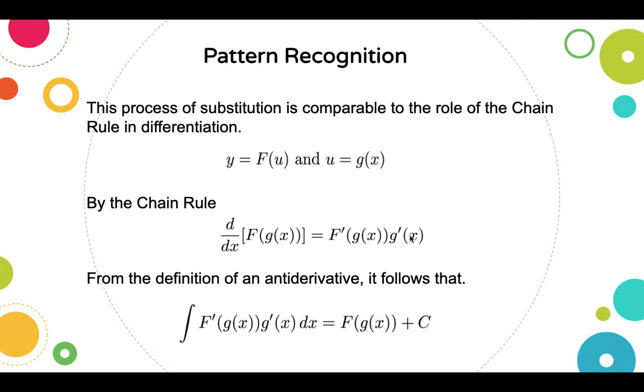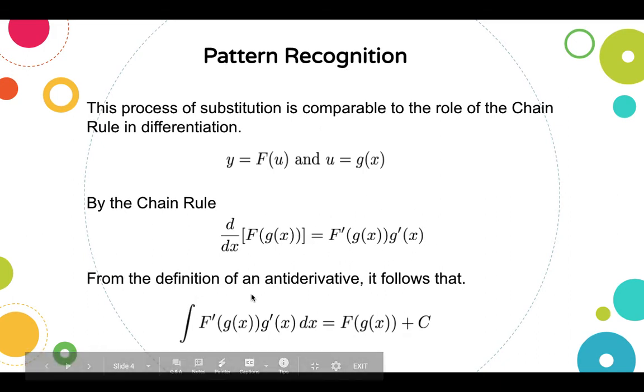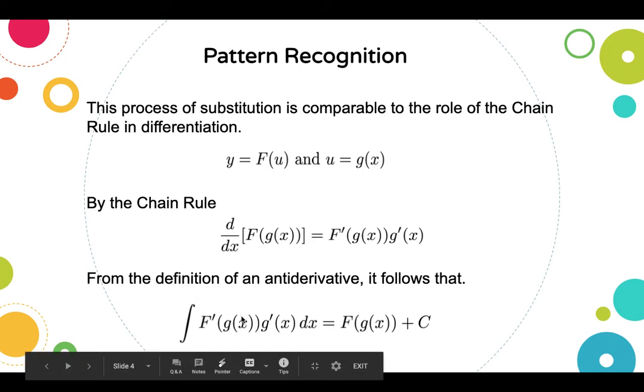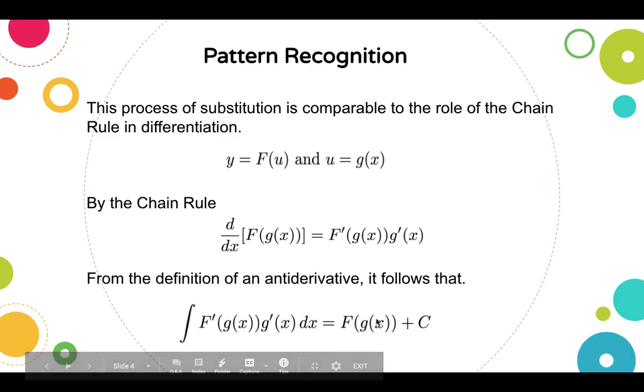So we're going to use that backwards and say, if the derivative of this is that, it means the integral of f prime of g of x times g prime is going to be f of g of x. That's the pattern we're going to start looking for.